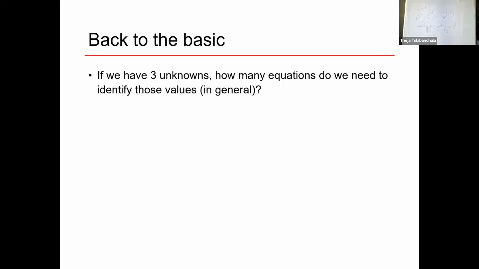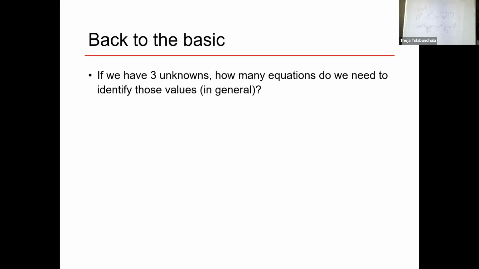We're stepping away from machine learning and our search for theta for a second. We just want to say, if we have three unknowns x, y, and z, how many equations do we need to identify those unknowns? Where x, y, and z are scalar unknown values. Scalar just means one value, or one-dimensional.